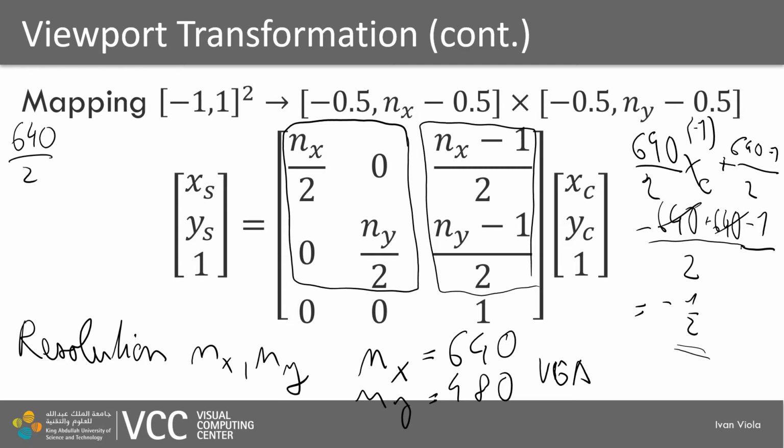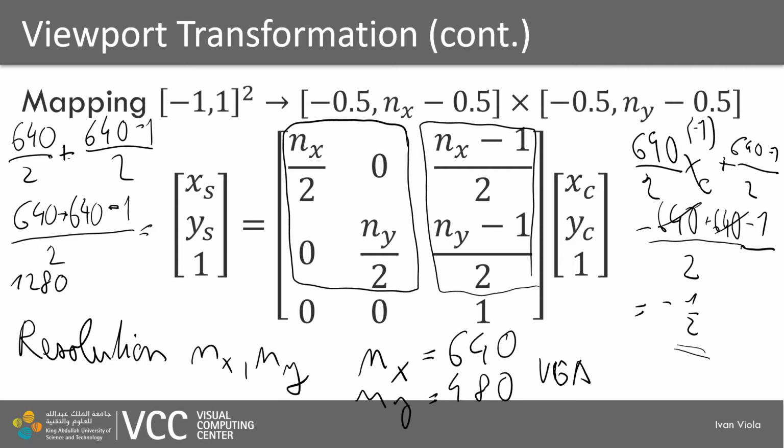If we have our upper end, which is 1, so we have 640 divided by 2 times 1 plus 640 minus 1 divided by 2. So this is now 640 plus 640 minus 1 divided by 2, and this equals 1280 minus 1 divided by 2.